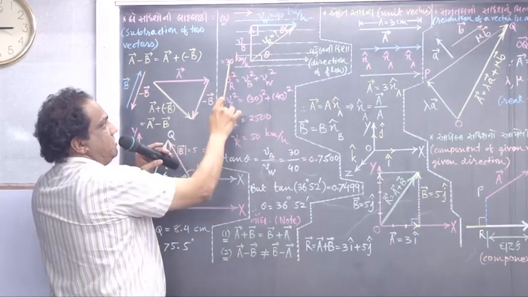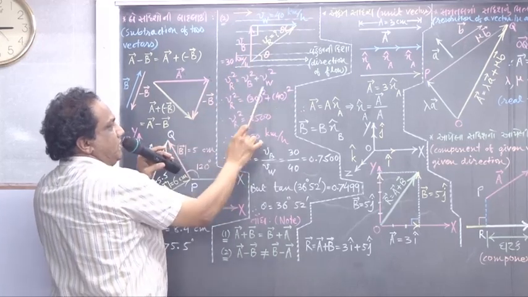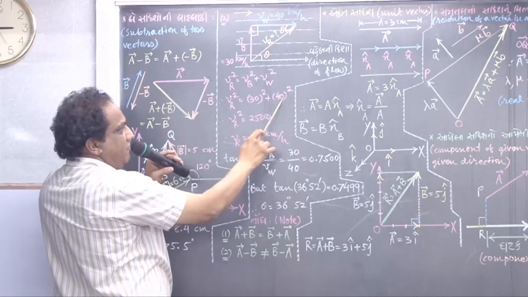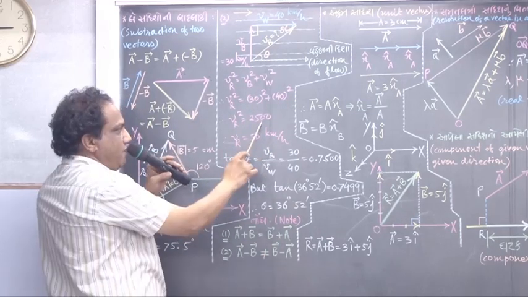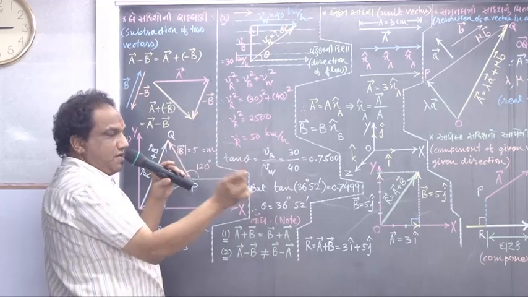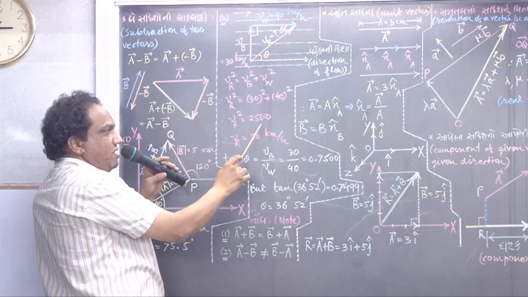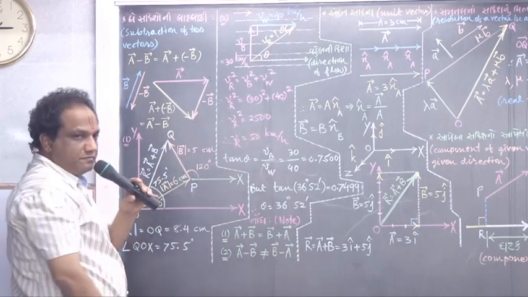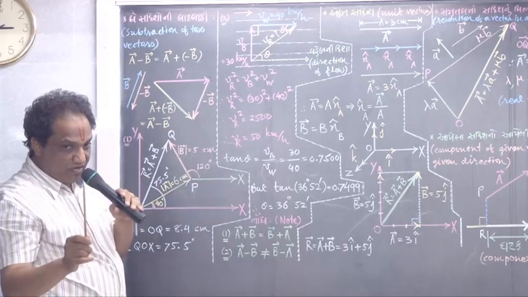What is VB? 30. What is VW? 40. 30 square 900, 40 square 1600, plus 900 is 2500. Take square root on both the sides. VR is square root of this, 50 km per hour. So this is the magnitude of resultant velocity.